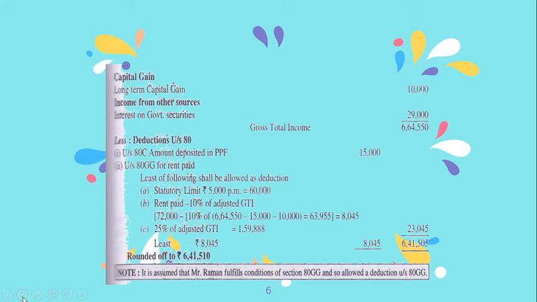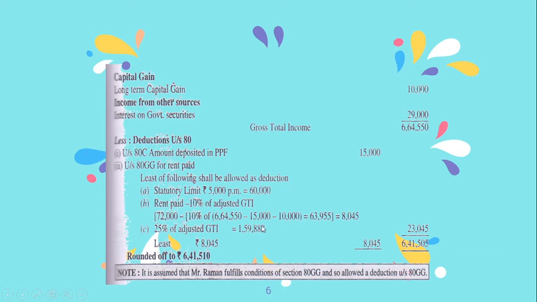So 60,000. Rent paid minus 10% of adjusted gross total income. The gross total income minus long-term capital gain, that is 10,000, and deduction under 80C, all deductions to be subtracted. So 6,64,550 minus 15,000 minus 10,000.